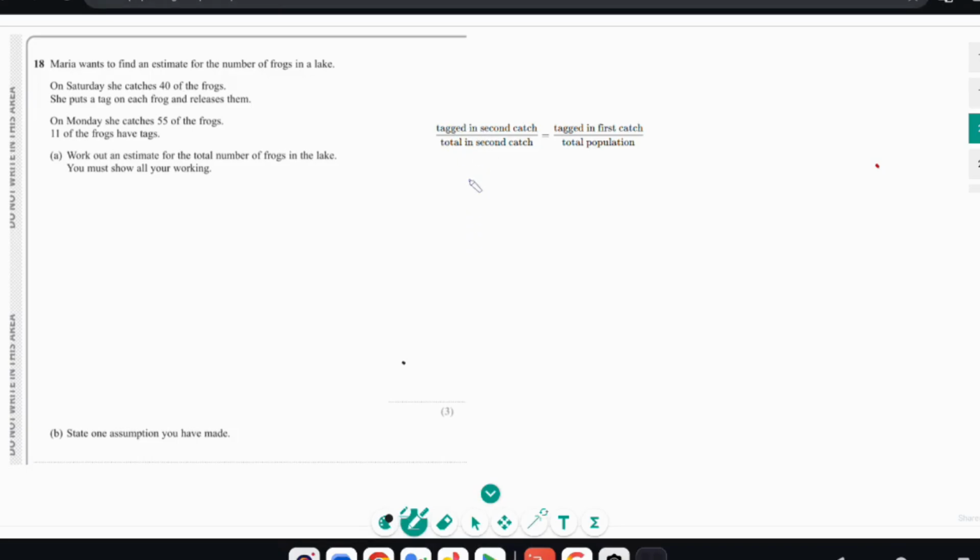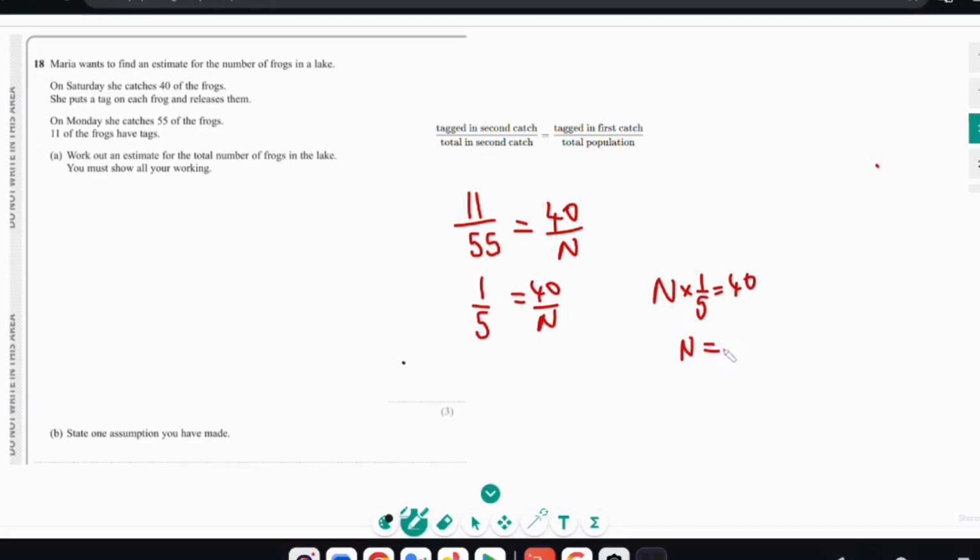So tagged in second catch, 11, over total in second catch, 55, equals tagged in first catch, 40, over total population, we don't know, we're going to call it N. 11 over 55, you could actually simplify that to 1 over 5. I'm going to now times both sides by N, divide both sides by 1/5. So 40 divided by 1/5 gives us 200 for the total population.